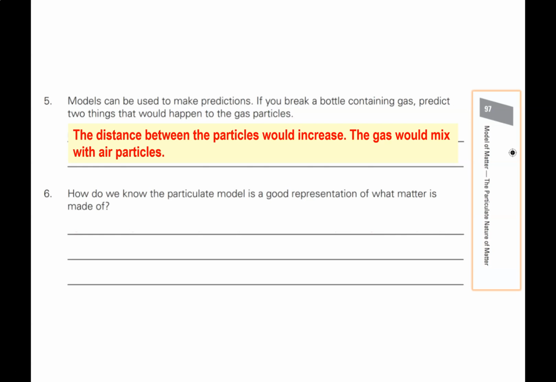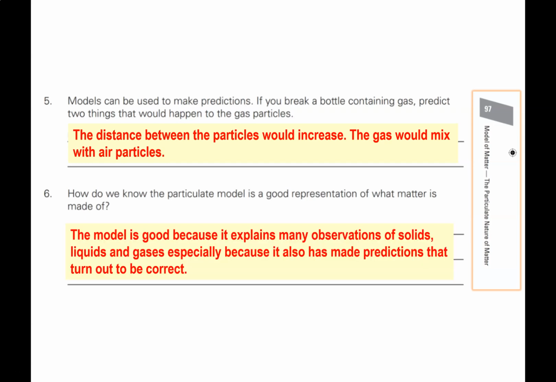How do we know the particulate model is a good representation of what matter is made of? This model is good and still stands because it explains many observations of solids, liquids, and gases, especially because it also has made predictions that turned out to be correct.